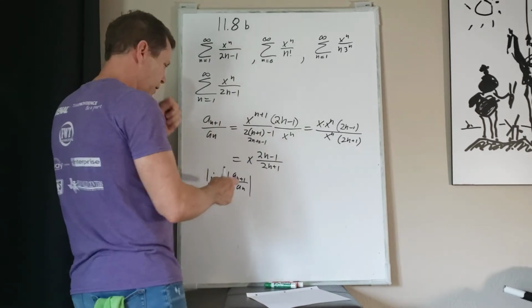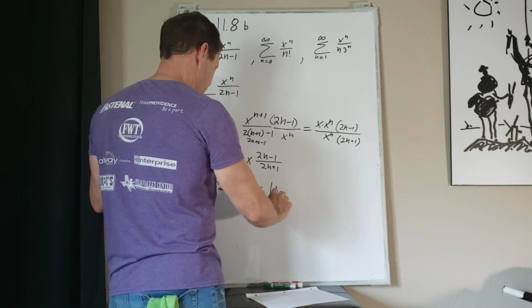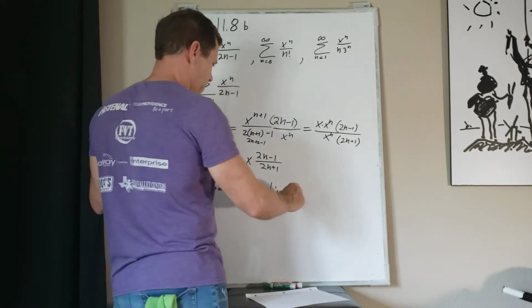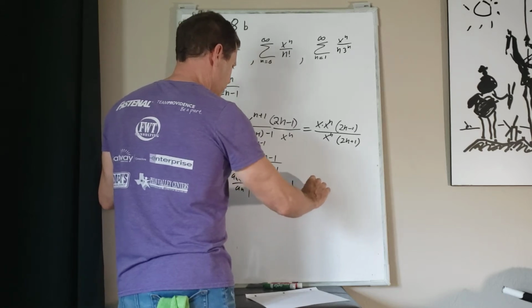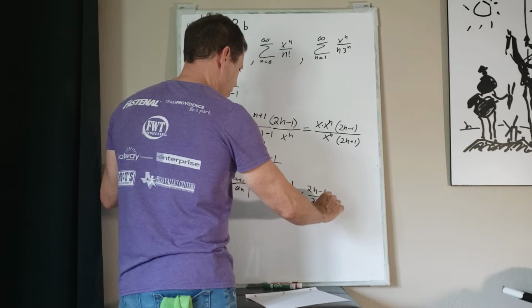Okay, so here's this. This is going to be the limit as n goes to infinity. I've already cleaned this up, so that's going to be the absolute value of x times (2n minus 1) over (2n plus 1).